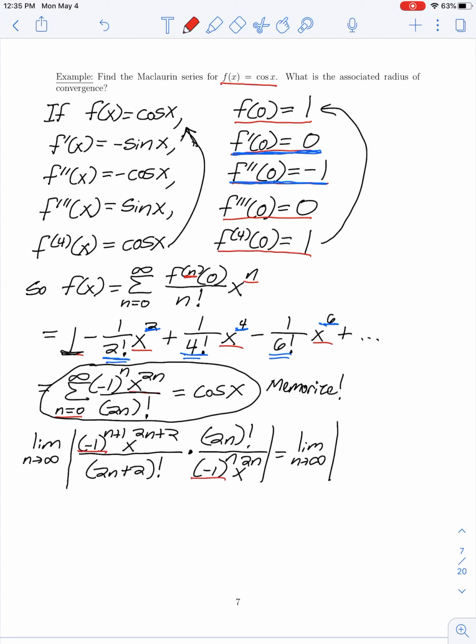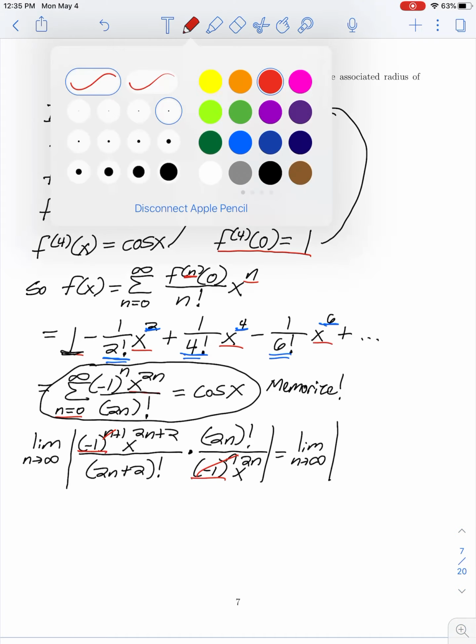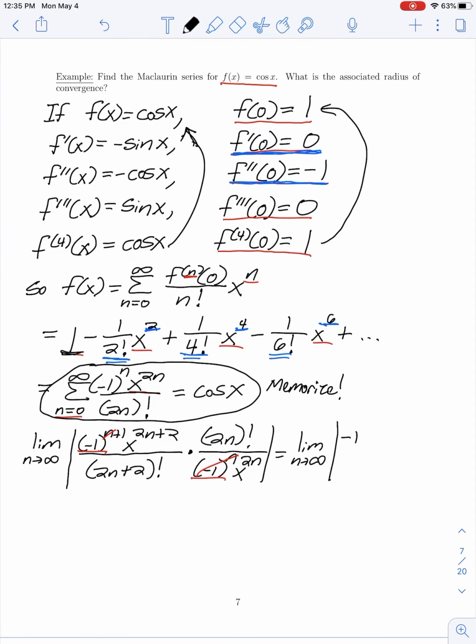So taking the quotient of these powers of negative 1, if we cancel n powers of negative 1 on top and bottom, we're left with negative 1 to the first in our numerator. Looking at the ratio of our x values, x to the 2n plus 2 over x to the 2n, if I cancel 2n powers of x, I'm left with x squared for my numerator.